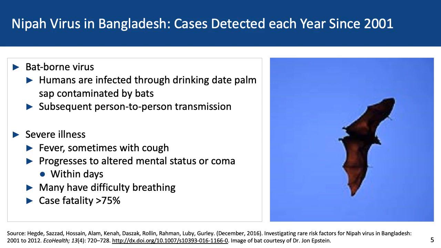This progresses very quickly to altered mental status or coma, usually within a few days. Many patients will also have difficulty breathing. Some have seizures, which is a sign of neurologic involvement and infection in the brain. And the case fatality is over 75%. So most patients who get Nipah virus do not survive.